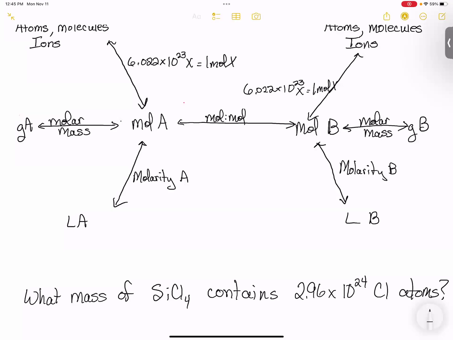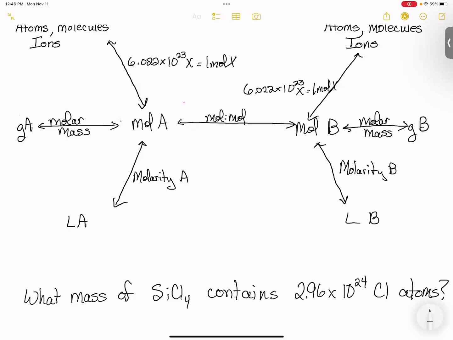What's my first conversion factor going to be? Well, where am I starting? I'm starting with Cl atoms. Here. So what's my first conversion factor going to be? Avogadro's number.